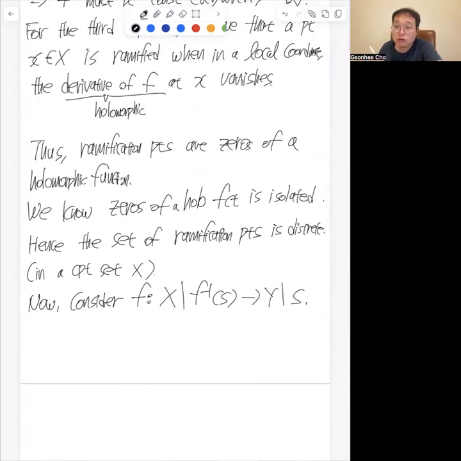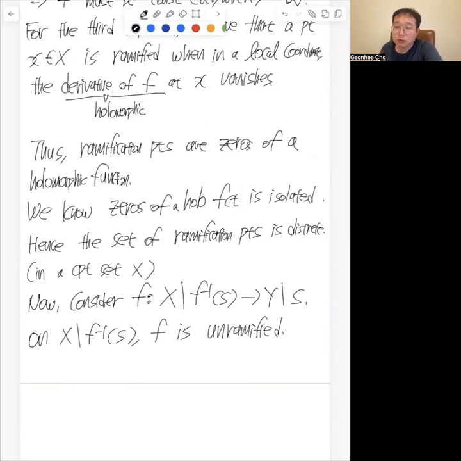The reason to consider this is that on this new restricted domain, f is unramified.